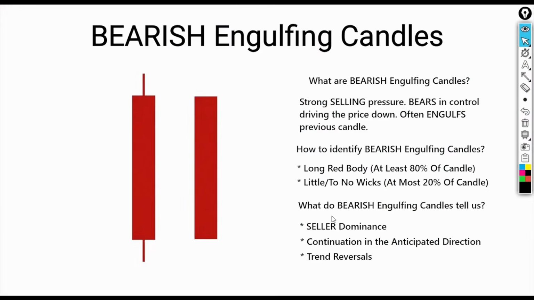Okay, so let's reflect on everything we've just discussed. We know that bearish engulfing candles signify seller dominance, a potential continuation in the anticipated direction, and possible trend reversals. And that, ladies and gentlemen, is bearish engulfing candles in a nutshell.